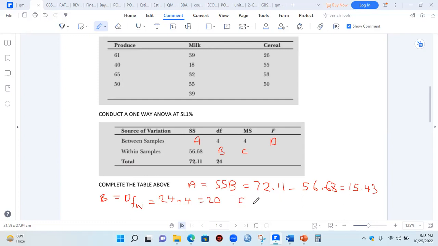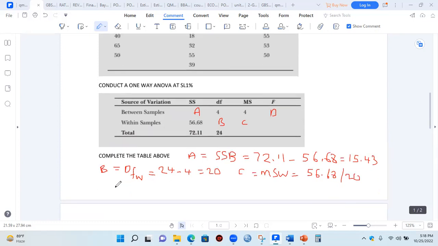How do we get the C? The C is our mean square within. We divide 56.68 by the 20. How do we get the D? The D is the F calculated. We divide our mean square between by the mean square within.